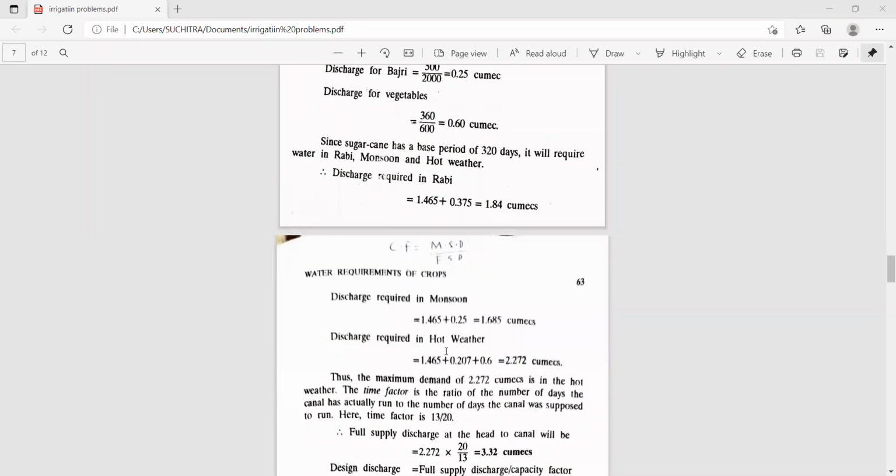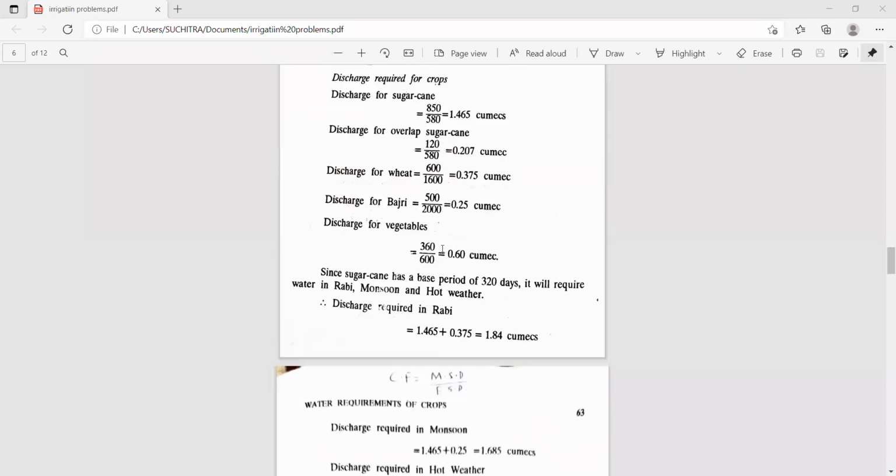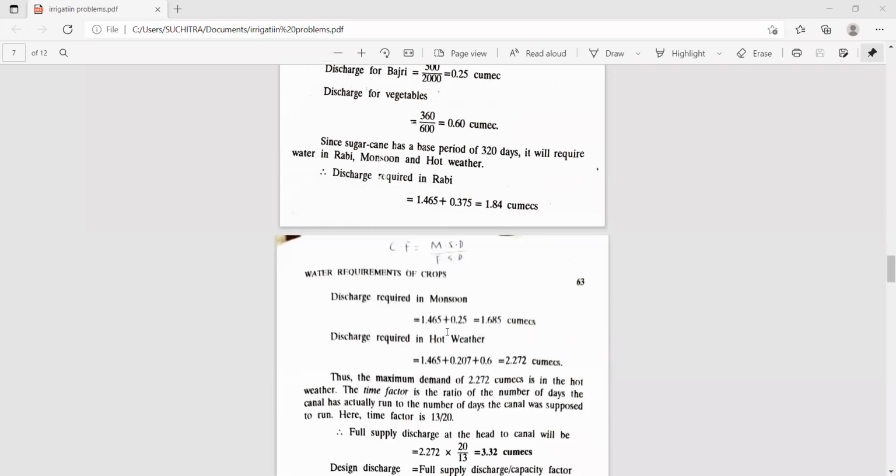Now, the discharge required in hot weather, that is during the summer months, is the discharge required for sugarcane, 1.465, plus the water required for overlap sugarcane, about 0.207, plus the water required for the vegetable, 0.6 cubics. That works out to be 2.272 cubics.